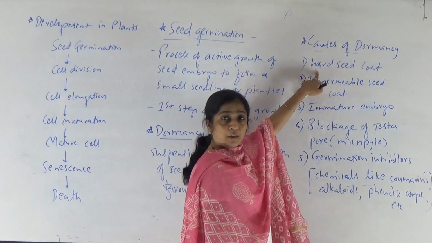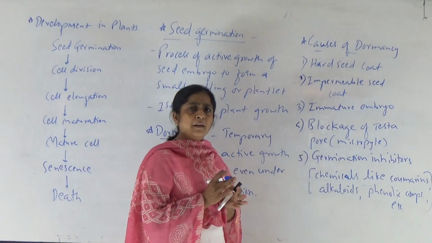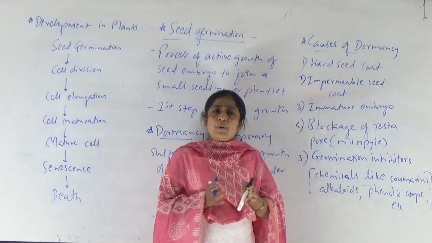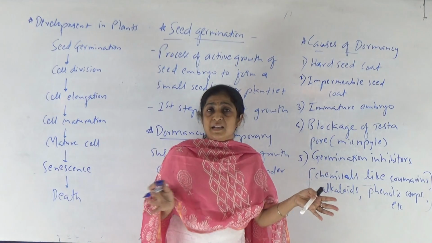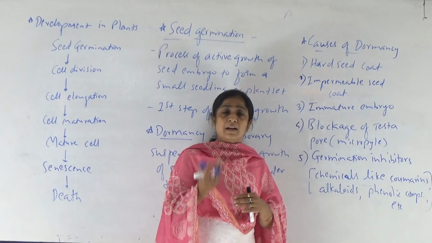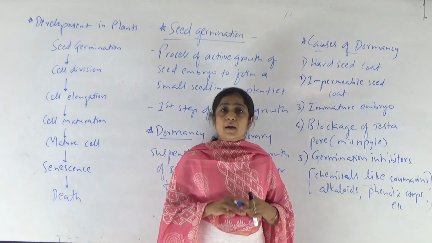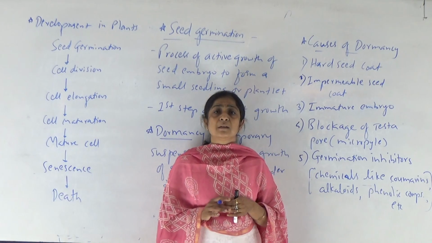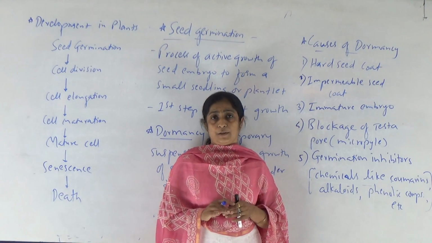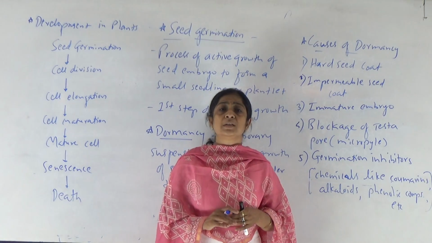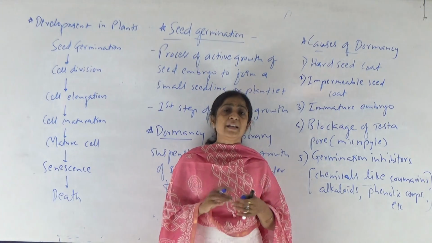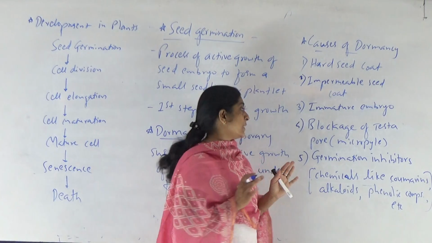Number one, hard seed coat. It is so hard that during the growth of the embryo, it is unable to expand as there is no space. So that's why the embryo shows dormancy. Impermeable seed coat, especially in legume seeds, seed coats are impermeable to water. So water cannot enter into the seed, and in the absence of plenty of water, the seed is unable to germinate.